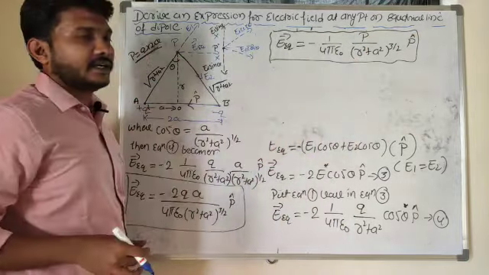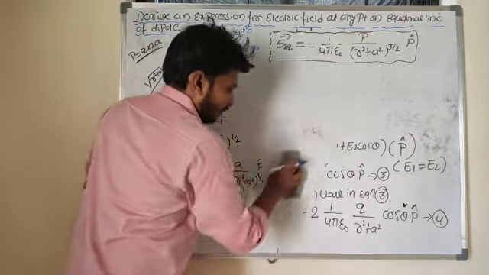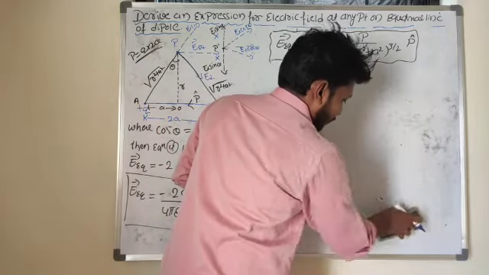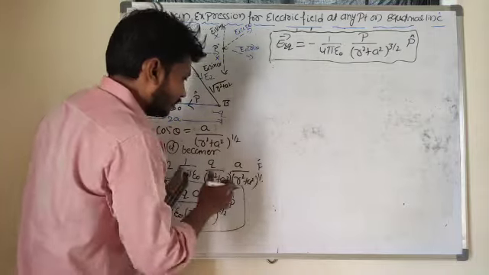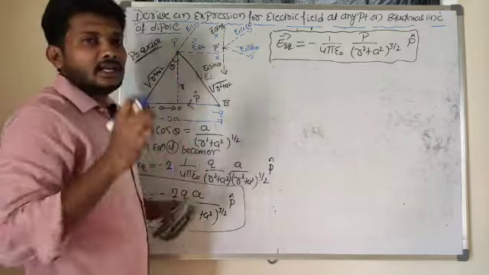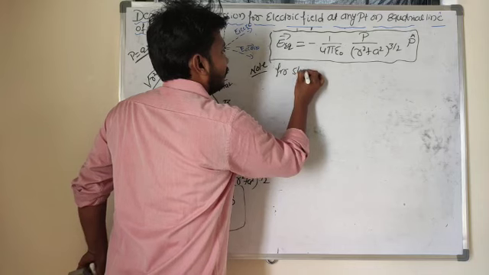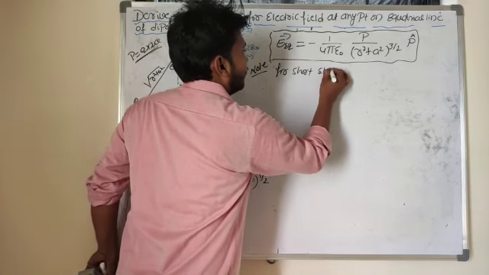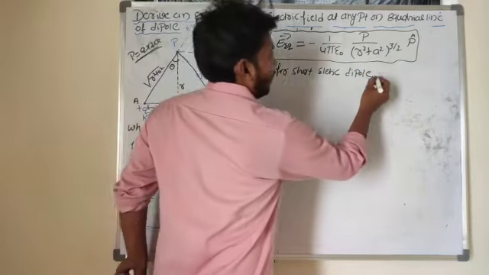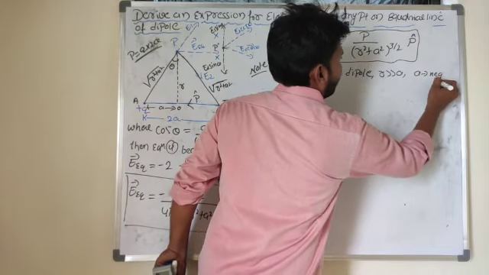What is the equation for electric field at equatorial line? Minus 1 by 4 pi epsilon naught p divided by (r square plus a square) whole to the power of 3 by 2. Then what will be the equation for short electric dipole? For short electric dipole, r is very much greater than a, so we can neglect a.